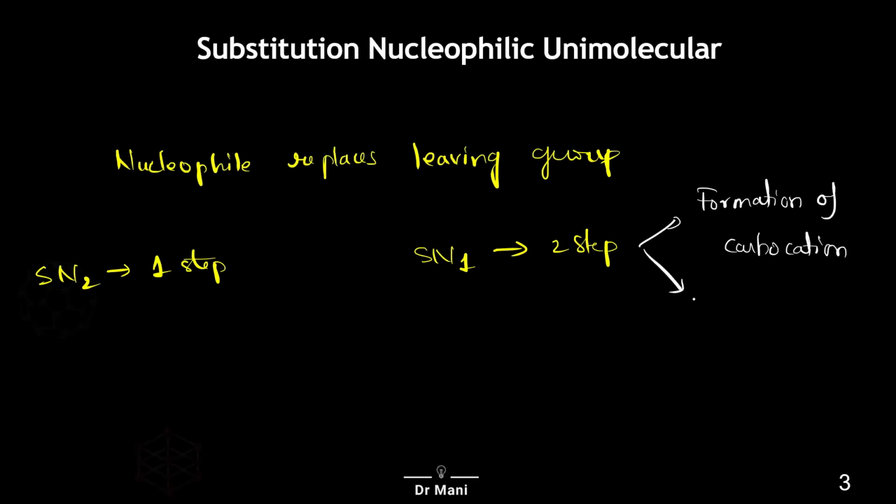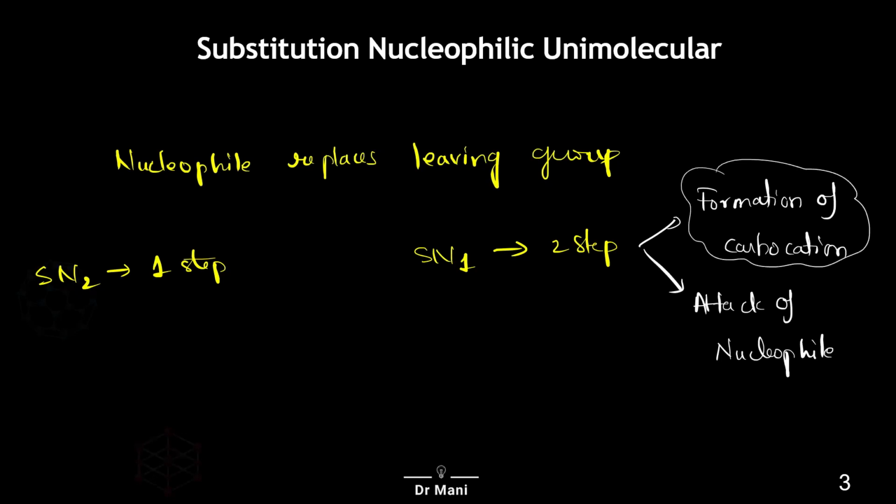Second is the attack of the nucleophile. In SN2, the formation of the carbocation and the attack of the nucleophile happen simultaneously, so it is 1 step. Whereas here, both steps happen separately. That's why it is called a 2-step reaction.